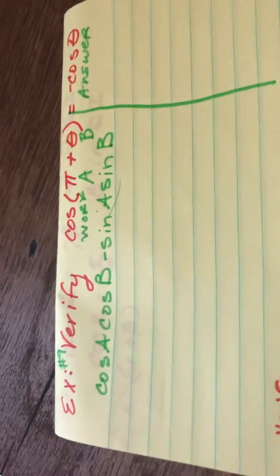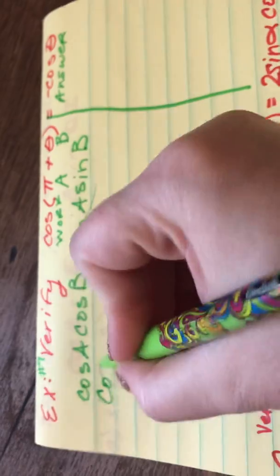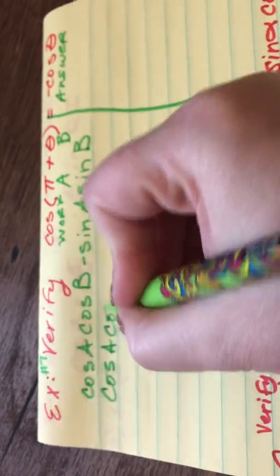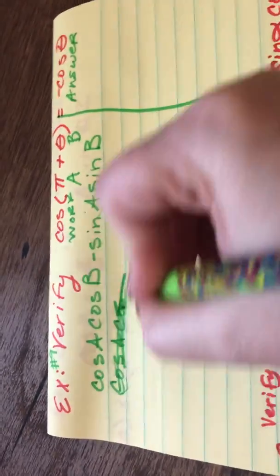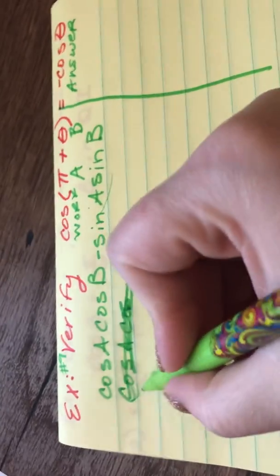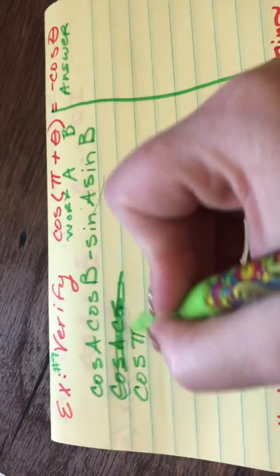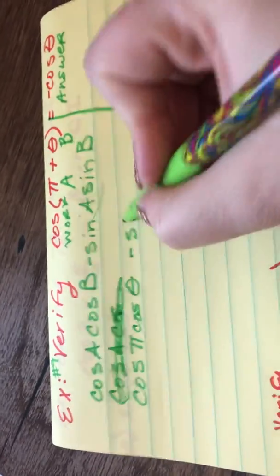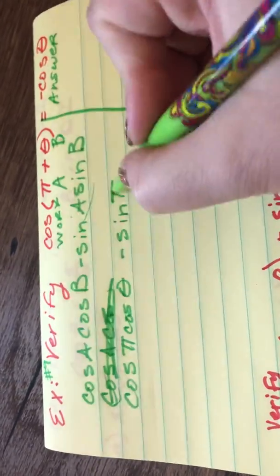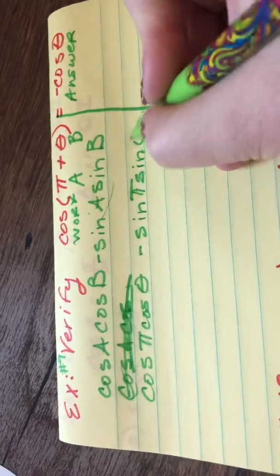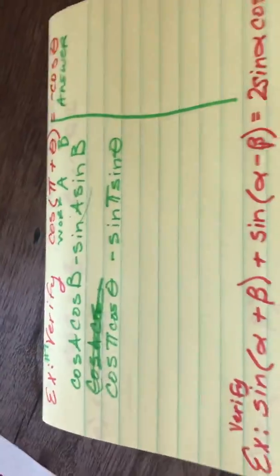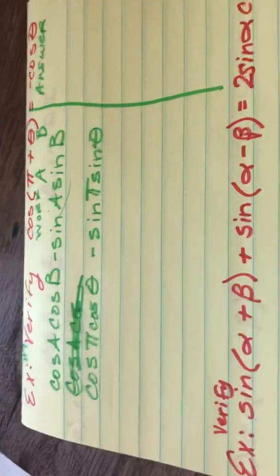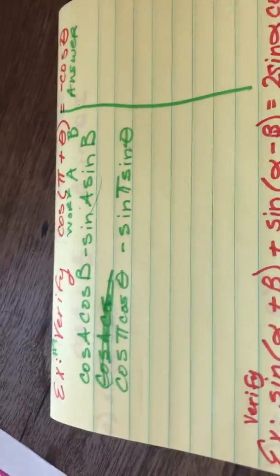Okay, now let's plug in our A and B's. So we're going to have cosine pi, cosine theta, minus sine pi sine theta, because I plugged in A and B. Now this verifying problem is a little funky because we can actually use the unit circle.